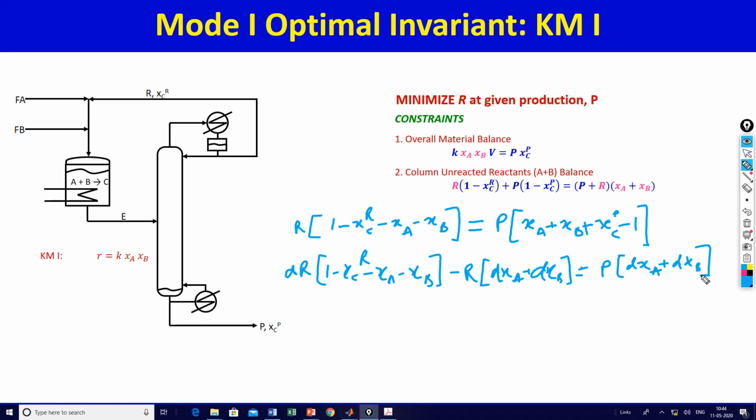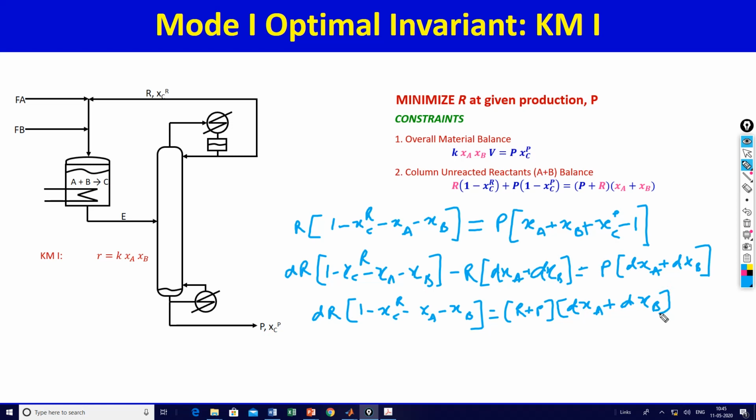So what that means is dR into 1 minus XCR minus XA minus XB should be equal to R plus P into dXA plus dXB.